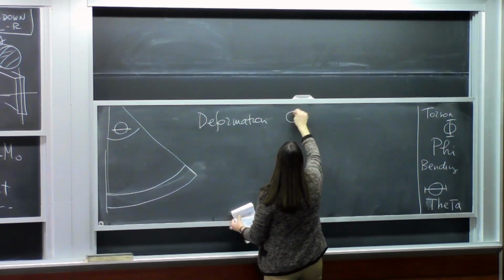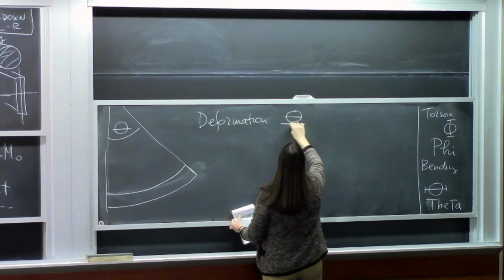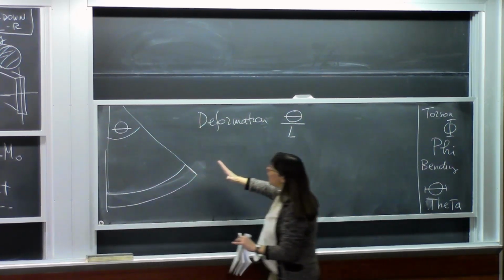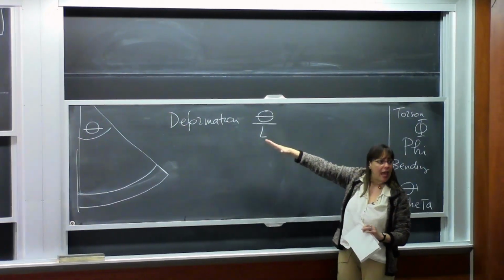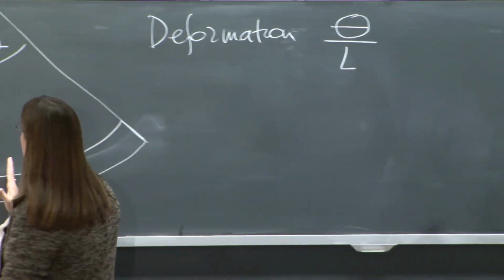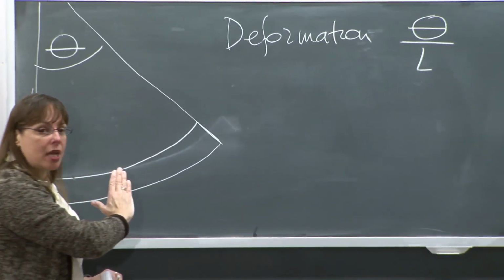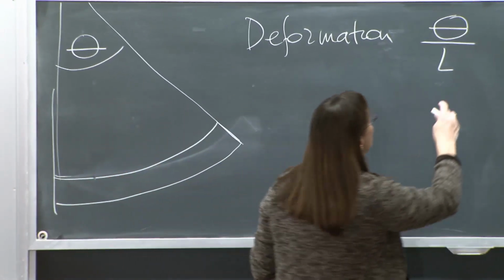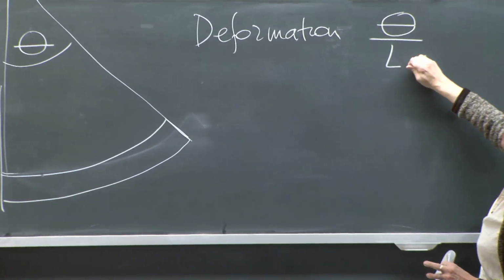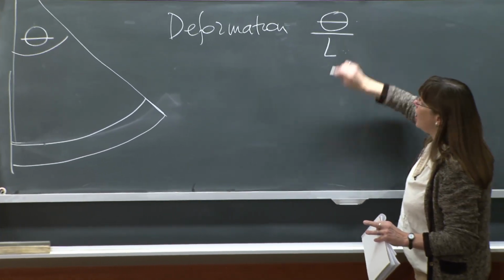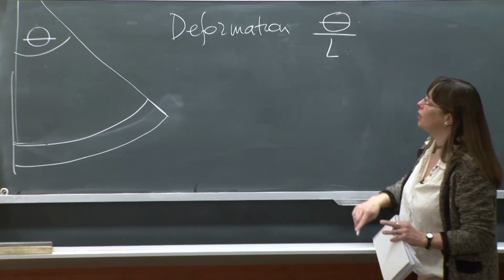If the beam is very long, it can get a good angle of rotation without too much deformation. But if I have a stubby beam, to get that angle of rotation, I need a very large deformation. So my deformation is always per unit length: in axial loading, delta over L; in torsion, phi over L; in bending, theta over L.